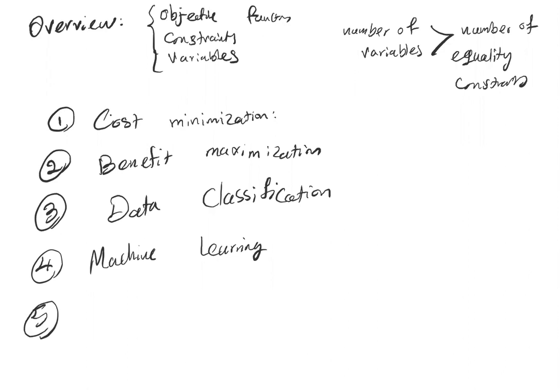Next one, reliability optimization. So assume that you want to design a system and you want to have some level of redundancy in that system. So formulating an optimization problem can help you to identify the optimal design for that system.